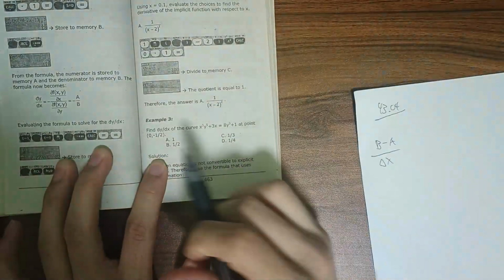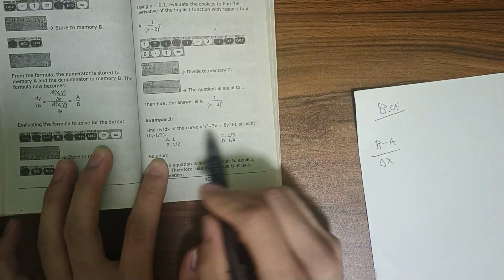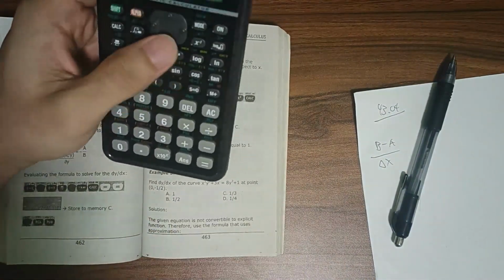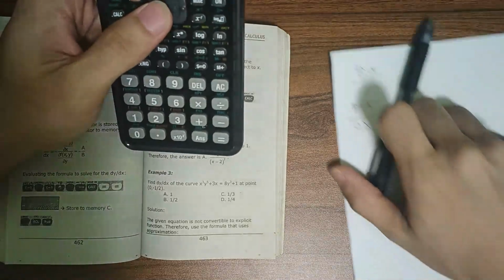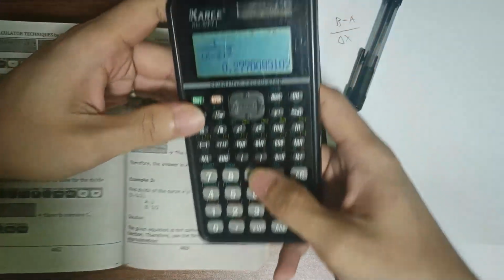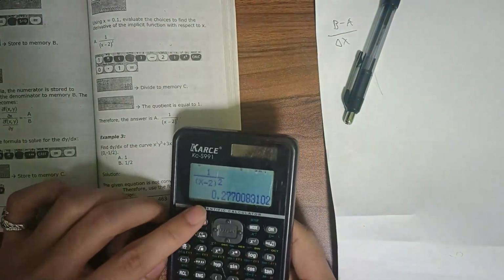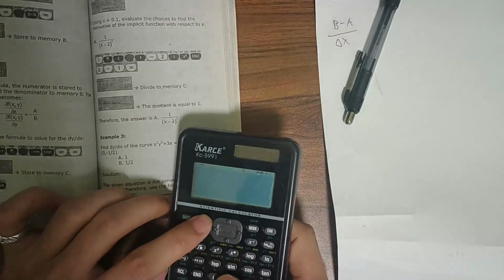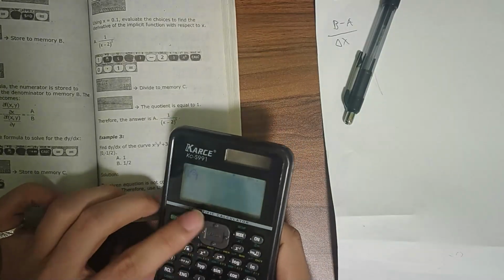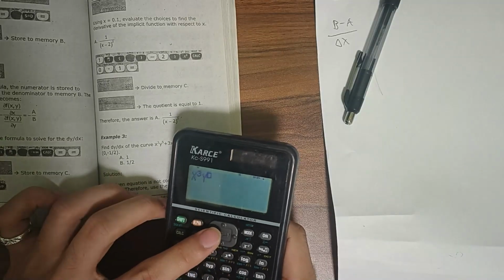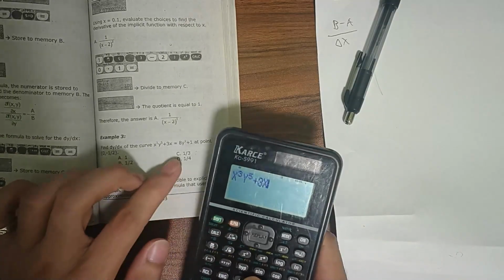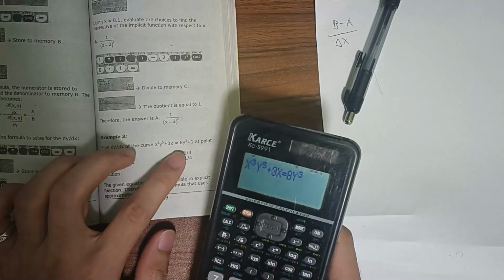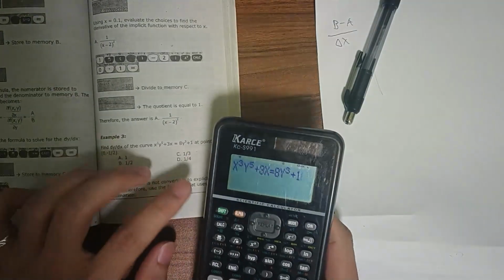Find the y prime of the curve at a point. So our x and y are already given, therefore we're just going to substitute them. So we type our equation, shift solve, x cube y cube y fifth plus 3x equals 8y cube plus 1.